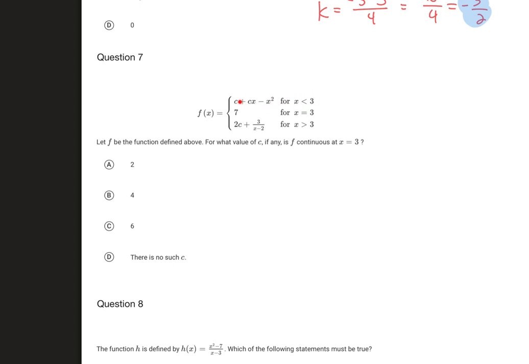And then when you take the limit as x approaches 3 from the right of this, there has to be a value of c that makes this 7. And then in that case it'll be continuous. But it has to be the same value of c that makes this 7, and that makes that 7.